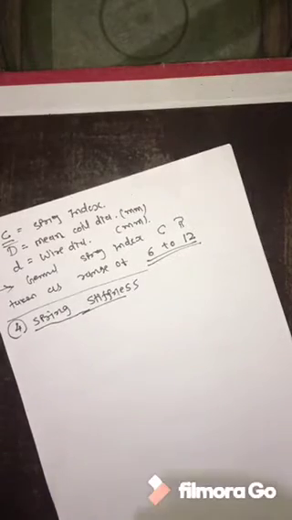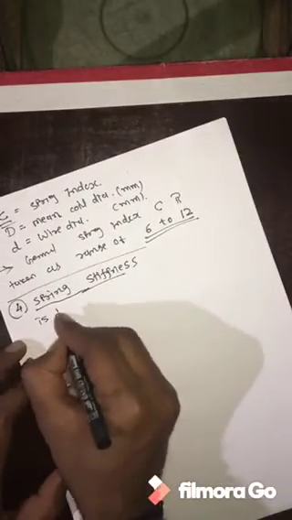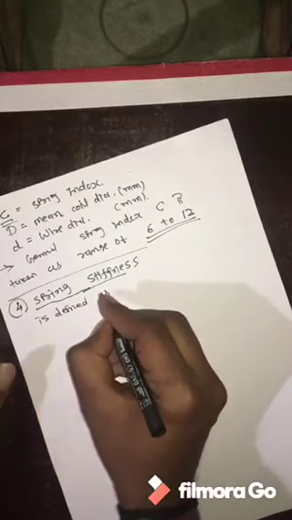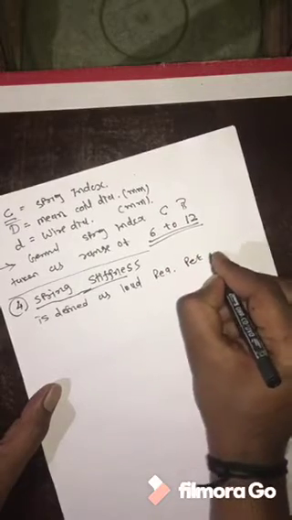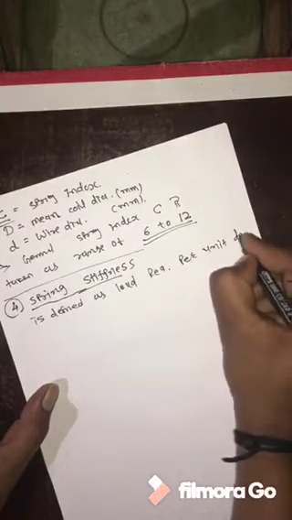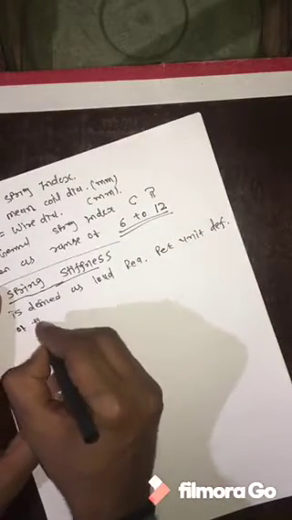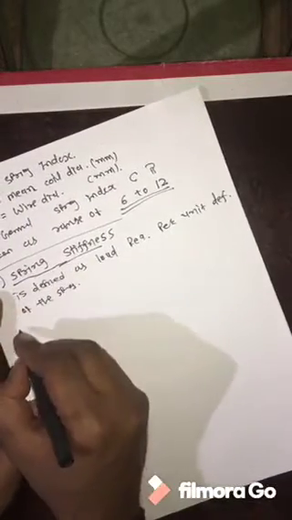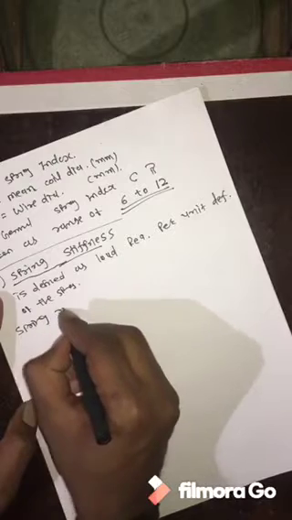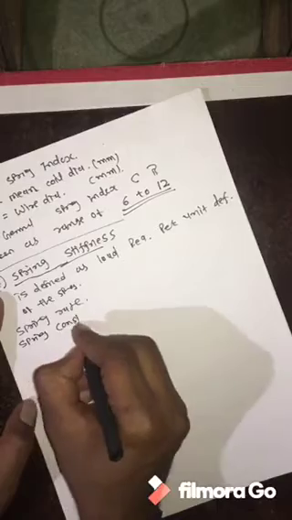Spring stiffness is defined as the load required per unit deflection of the spring, and it is also called spring rate or spring constant.